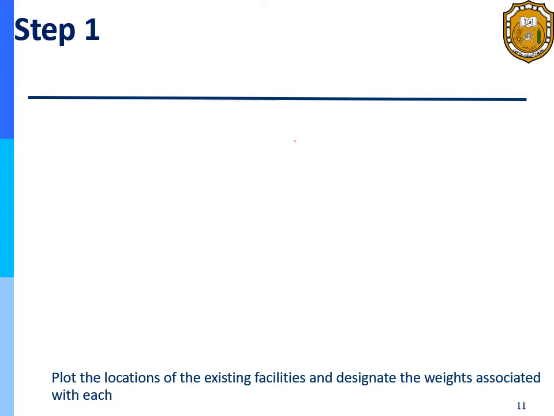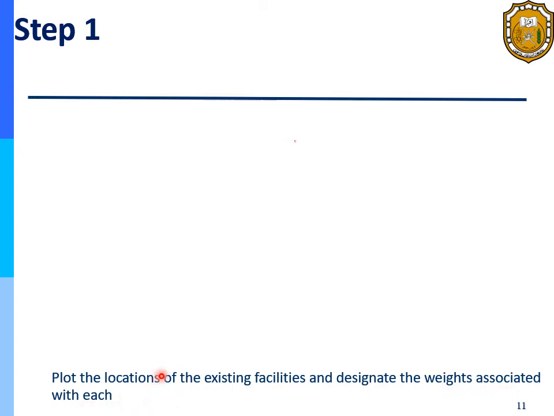And when we have those lines, we can use them to identify alternative locations other than the best location. We will be learning this on an example. So the first step of the procedure is this: plot the locations of the existing facilities and designate the weights associated with each.